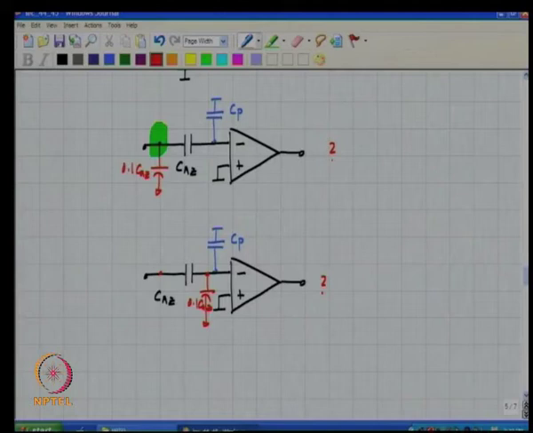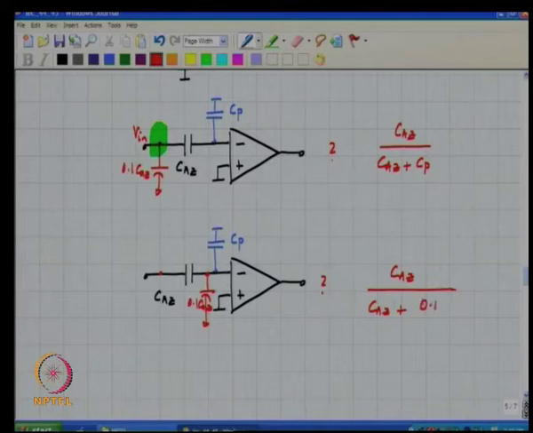Clearly the attenuation from Vin to the voltage across Cp in the first case becomes, I am sorry, CAZ over CAZ plus Cp. In the second case it is CAZ divided by CAZ plus 0.1 CAZ plus Cp.